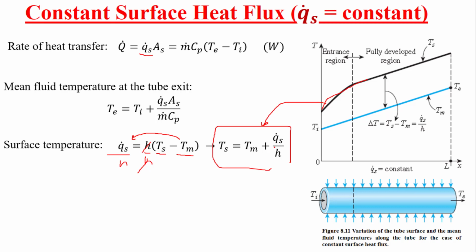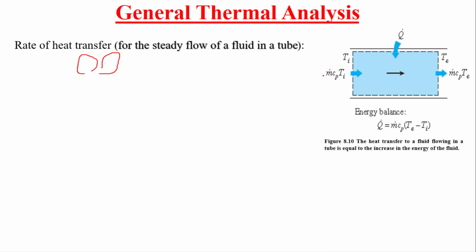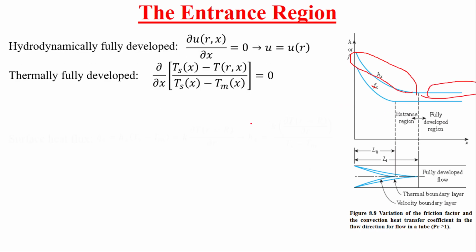Now Qs is constant. h could be variable, it could be constant. It is variable in the entrance region, as we saw earlier, but it is constant in the fully developed region.